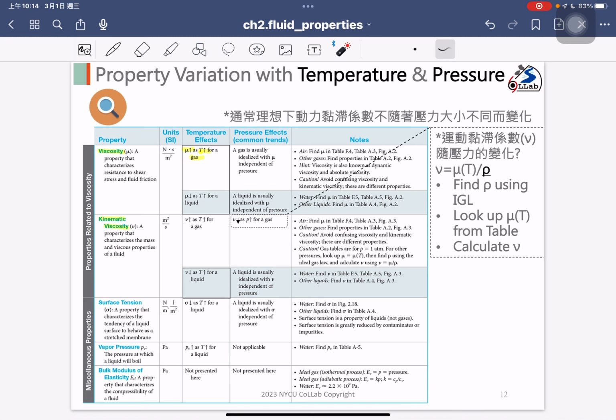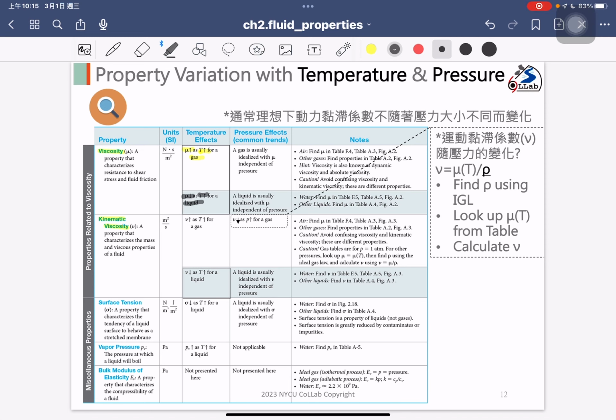But if you see the temperature increase in here, the viscosity will decrease, especially for the liquid. So if we consider the liquid, the definition is that there is a certain interaction force between two molecules, right?